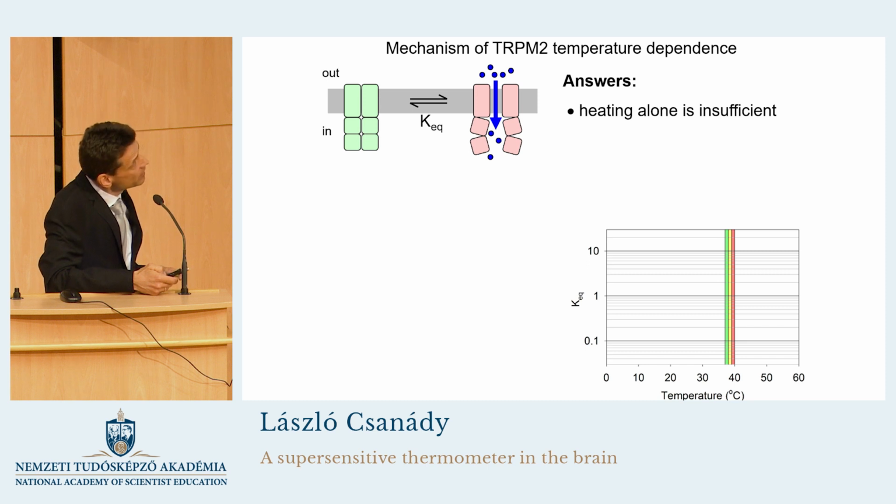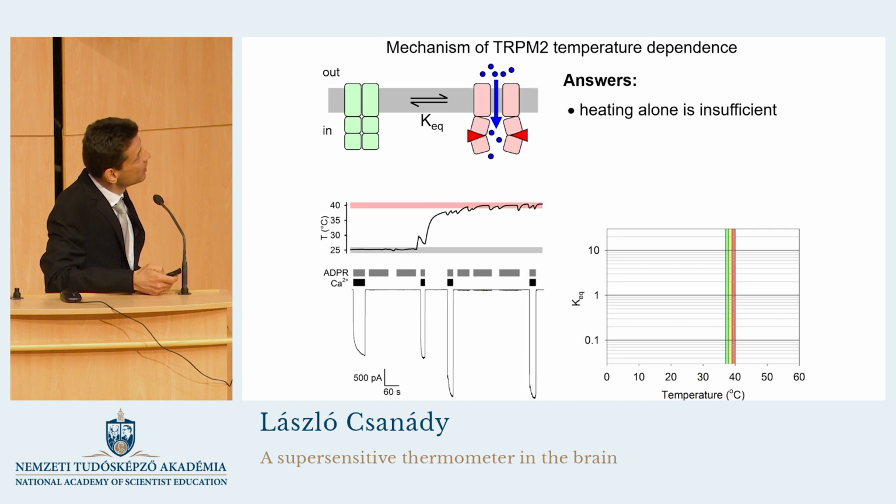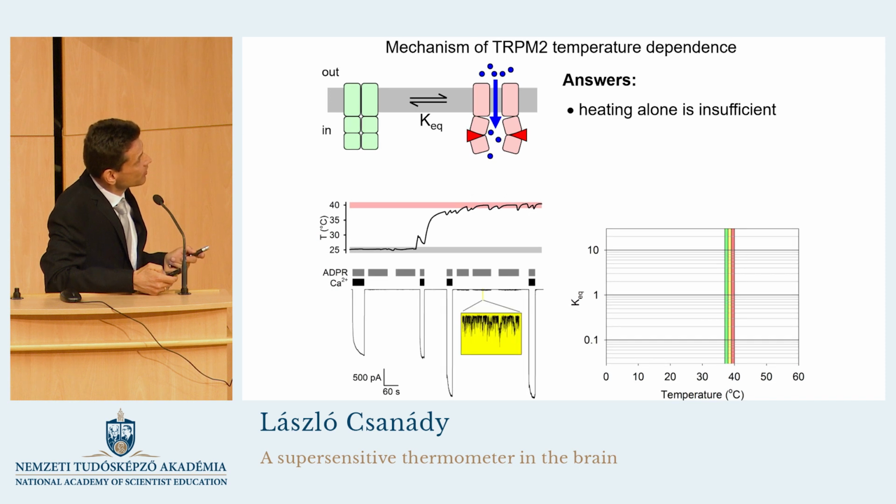So we next asked, is perhaps heating plus the presence of just one of the ligands sufficient? What if we apply just ADP ribose combined with heating? And applying ADP ribose alone at room temperature provides a tiny little current. Is that enhanced at 40 degrees? Well, it is to some extent. If I zoom in on this part of the record, you can now clearly see individual channel openings.